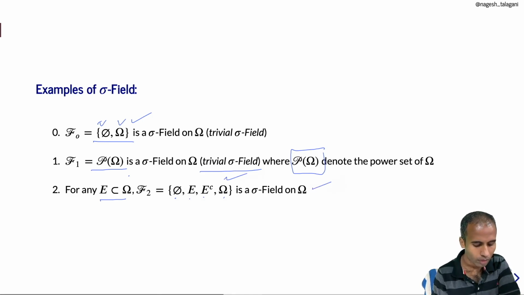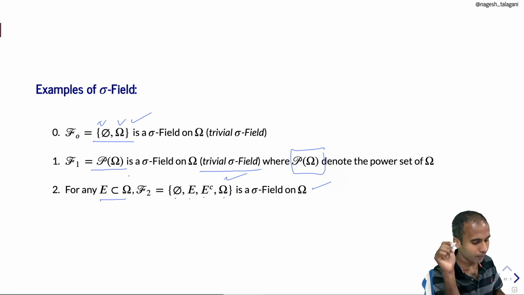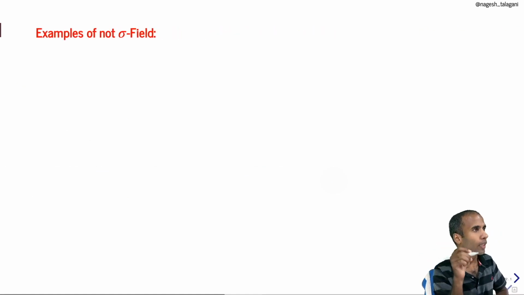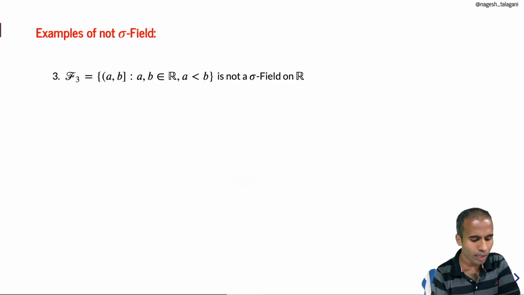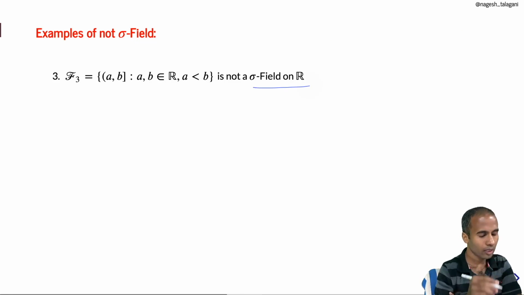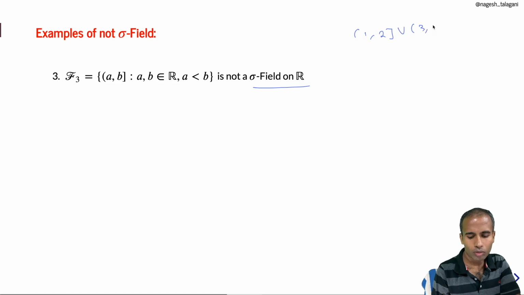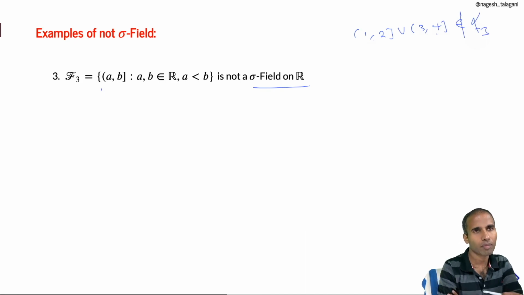Now let me give examples of not a sigma field. If you collect all intervals of this form of real numbers, this is not going to be a sigma field on the real numbers. The reason is simple. If you take the union of these two intervals of this form, these two candidates come from script F3, but the union is not going to be in script F3 because it is not even an interval. Simple.